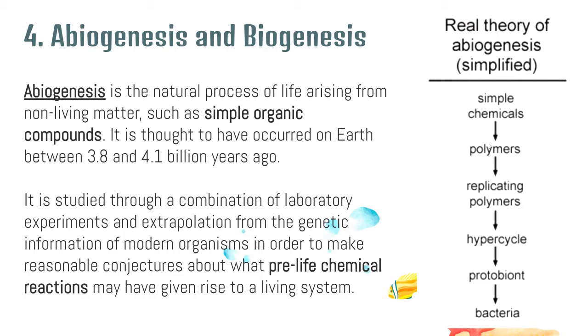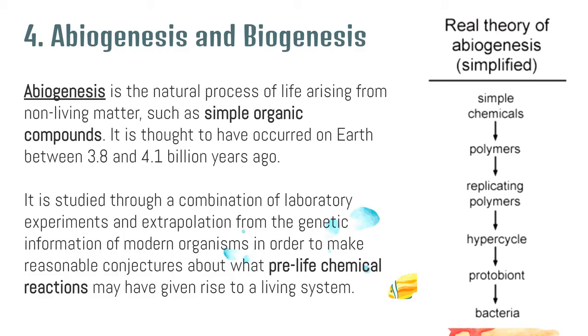Finally, we have abiogenesis and biogenesis. Abiogenesis is the natural process of life arising from non-living matter, such as simple organic compounds. Now, do not confuse this with spontaneous generation. What spontaneous generation tells us is that a living organism will come right away from non-living matter.